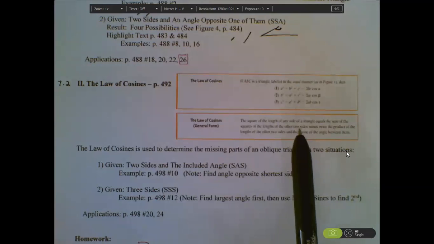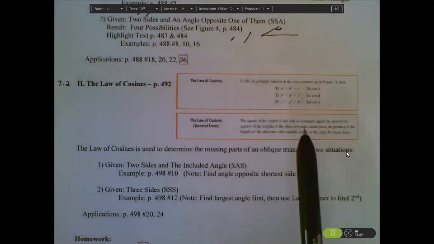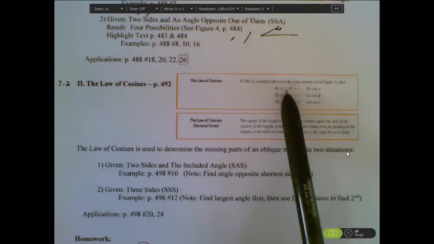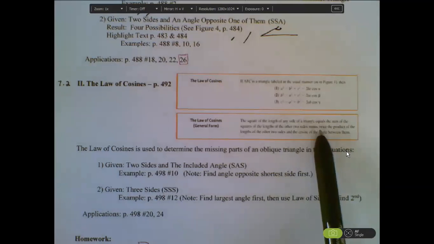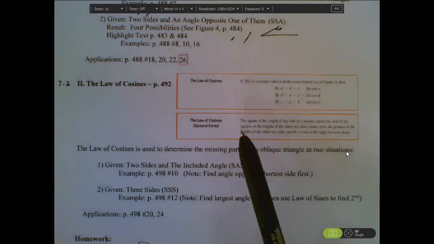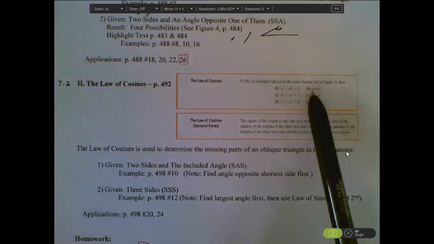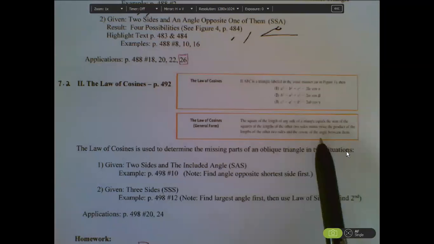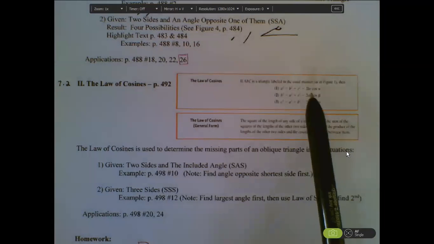If we're looking for A, then the other two sides are B and C. So the sum of the squares would be B squared plus C squared, minus twice the product, 2 times B times C, and cosine of the angle between them. The angle between B and C would be alpha.